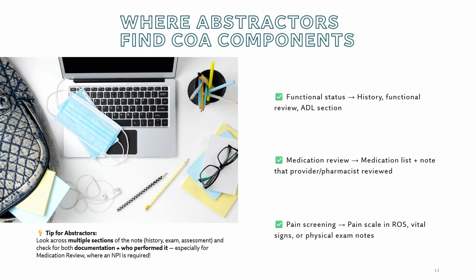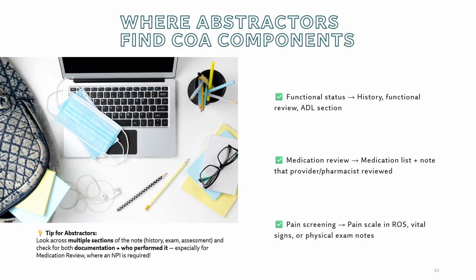Where do abstractors find COA components? By the time it's time for the abstractors to go in and review the medical records, they should have already checked the claims data to see if it was actually completed.